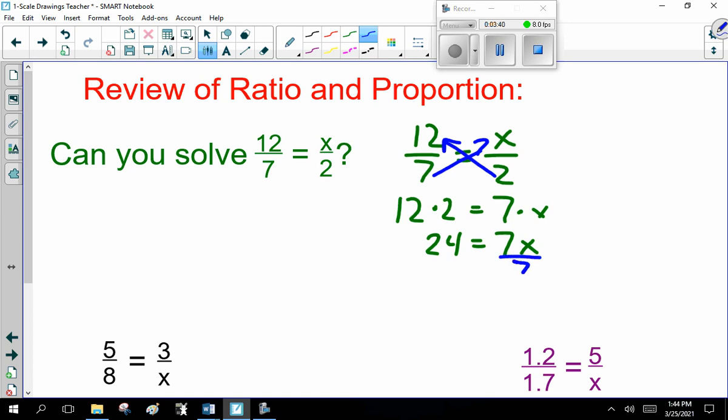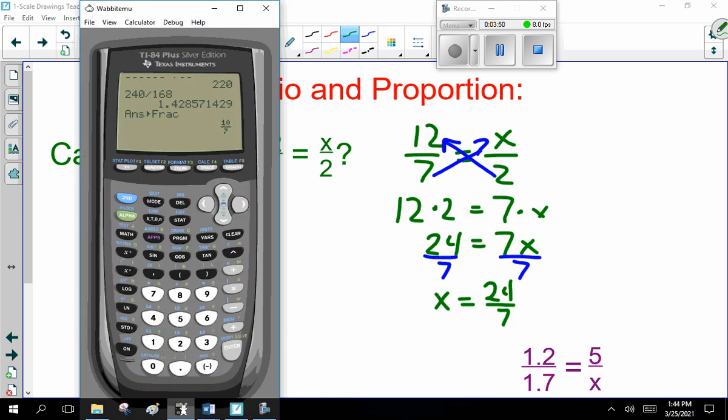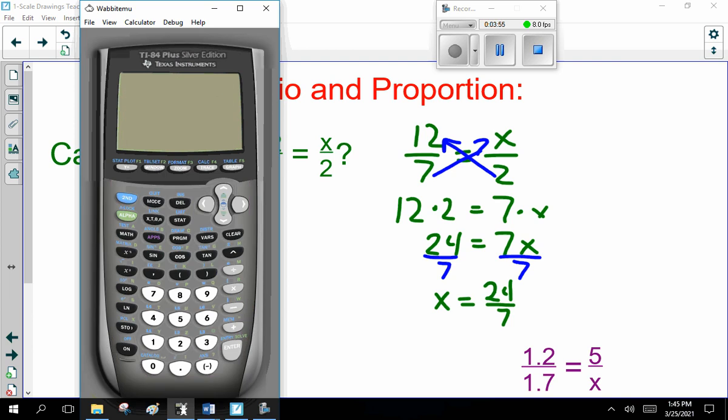Yes, divide both sides by 7. So x equals 24 over 7. If you grab a calculator, 24 divided by 7 is 3.4.